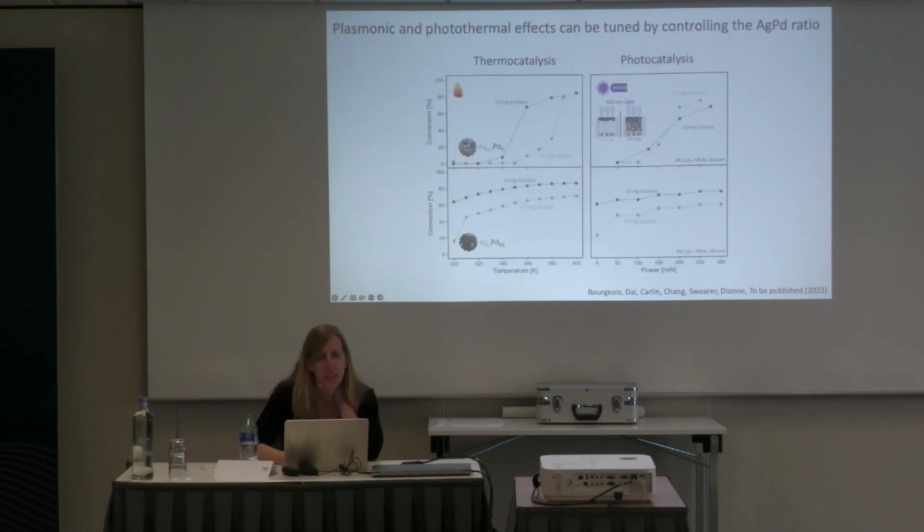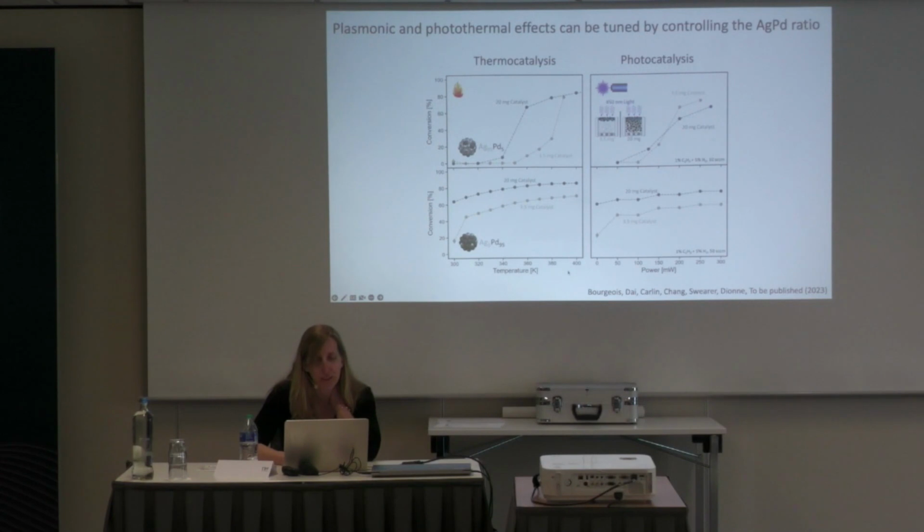And then by tuning the amount of silver and palladium, we can tune whether we have a plasmonic effect or a photothermal effect. Here on the vertical axis, we're looking at the conversion of acetylene to ethylene.